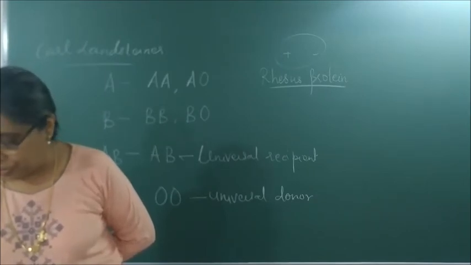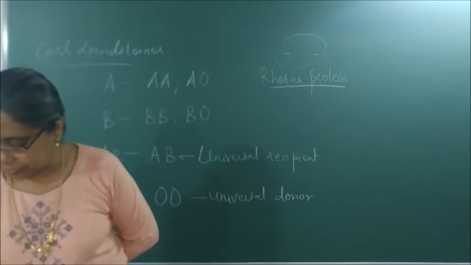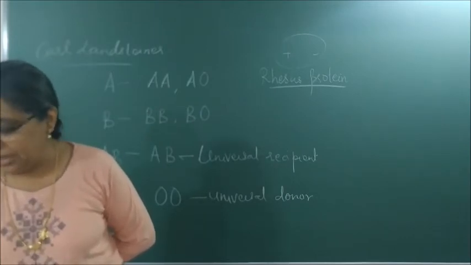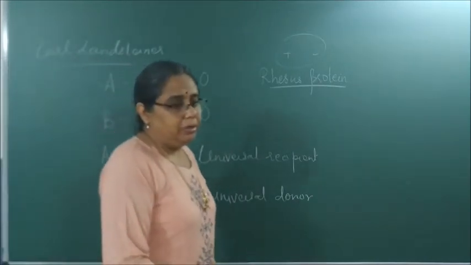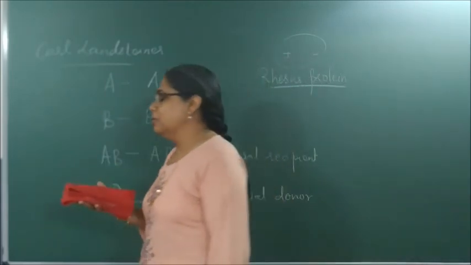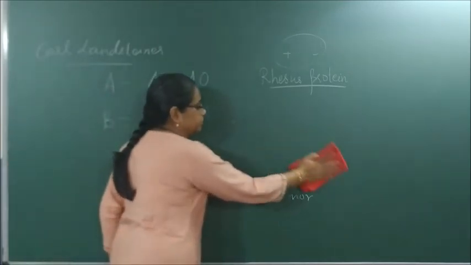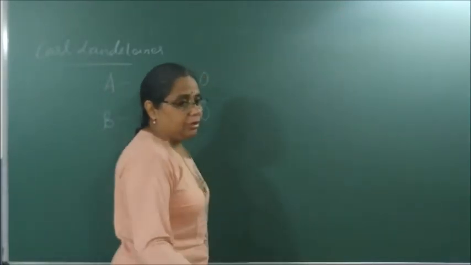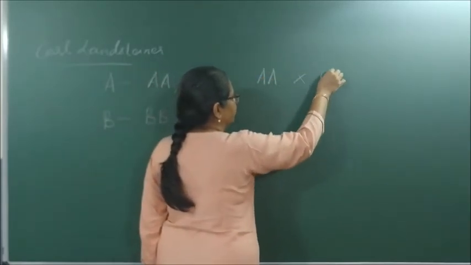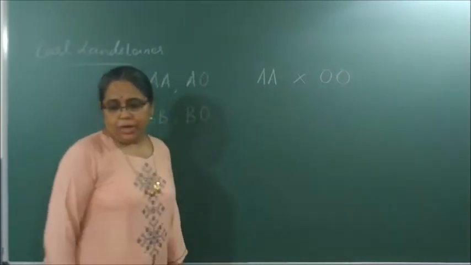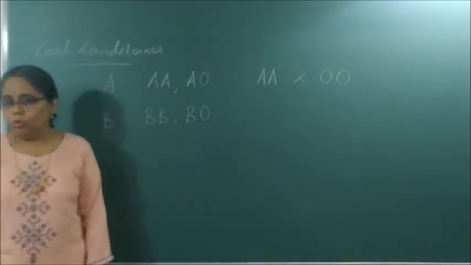Fine? Right, first point. Let us assume that trait A is dominant. The father has blood group AA and mother has blood group OO.